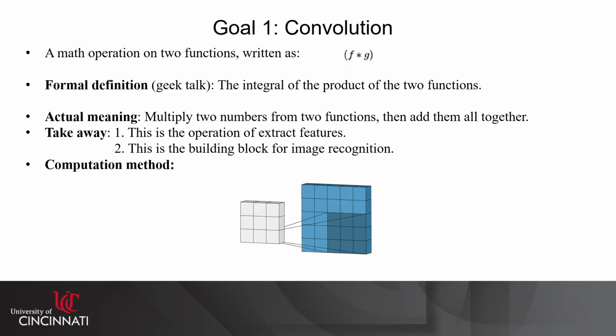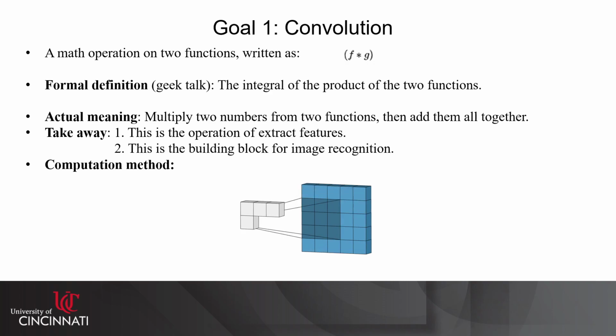So the convolution, as mentioned earlier, is an operation between two functions. It's written as f star g. That's not relevant if you're not trying to write a paper or anything, so I'm just putting that out there. The formal definition is that the convolution is the integral of the product of the two functions.